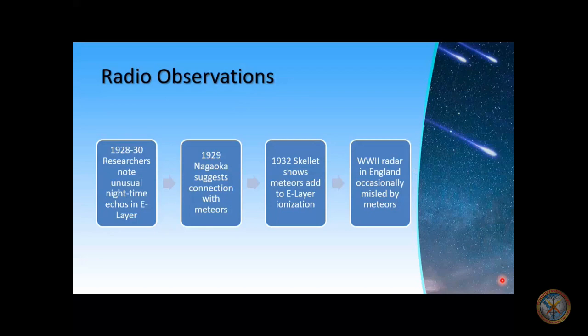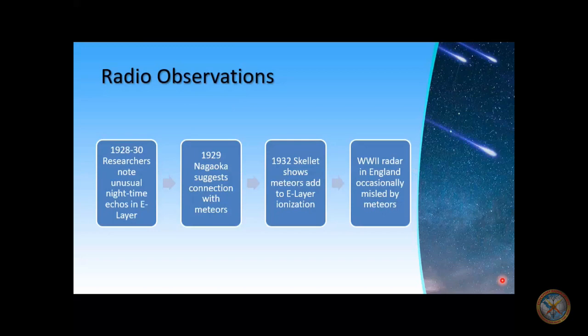So 1929, Hantaro Nagaoka, he actually thought that meteors swipe away electrons in their paths, causing abrupt change in the refractive index, which isn't right, but that was the first person to suggest the connection with meteors.